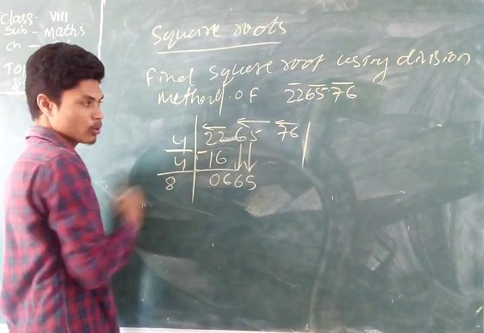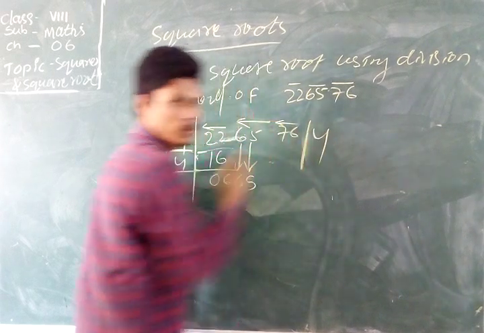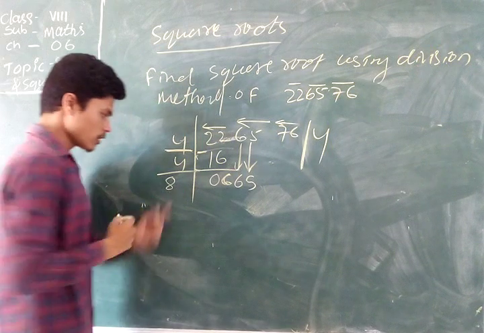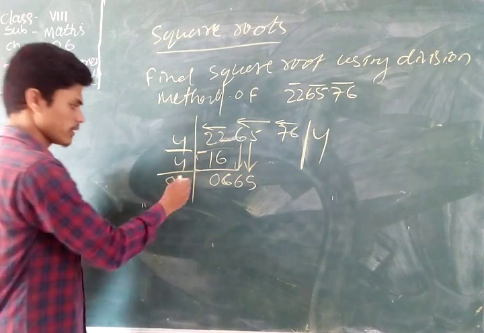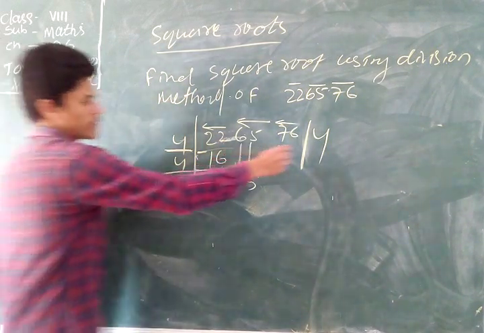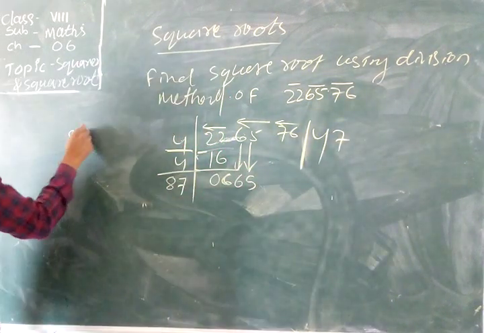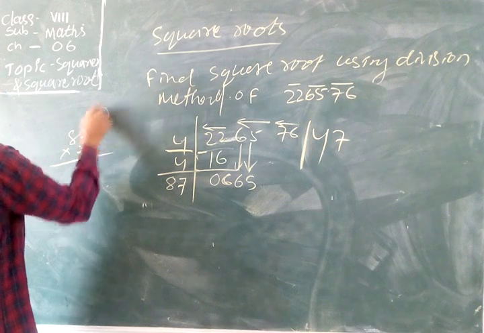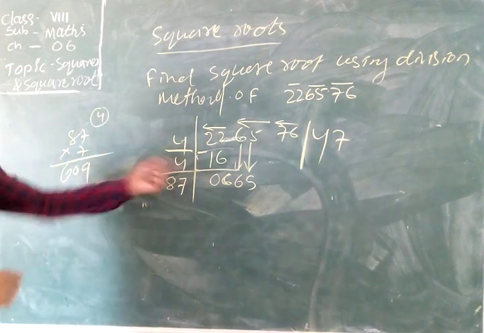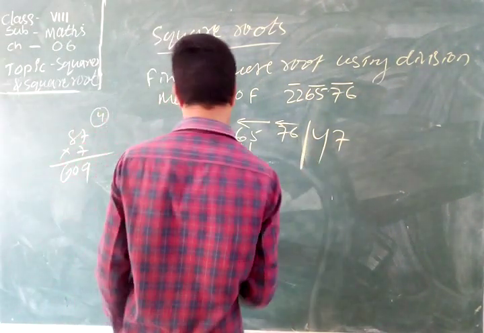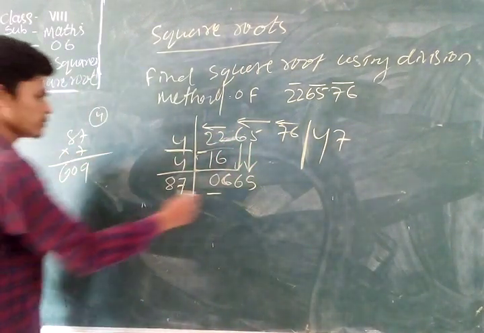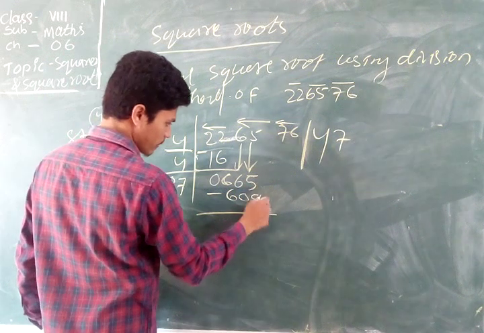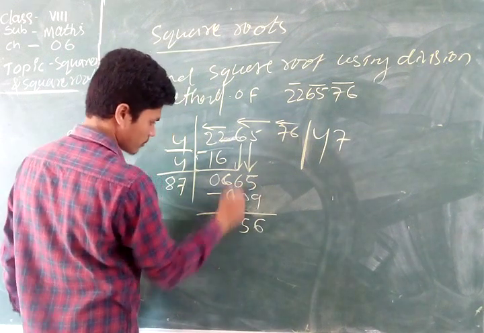Then we double the 4 to get 8. Now 8 and a digit: if we try 7, 87 times 7 is 609. 609 is smaller than 665. Then 665 minus 609 is 56.